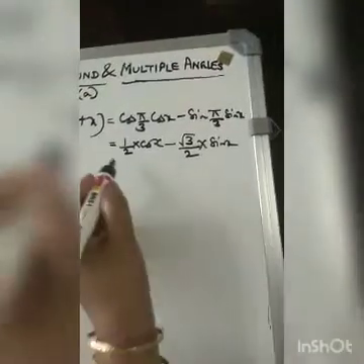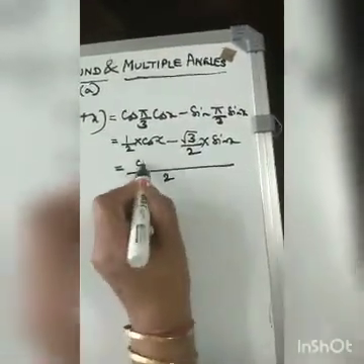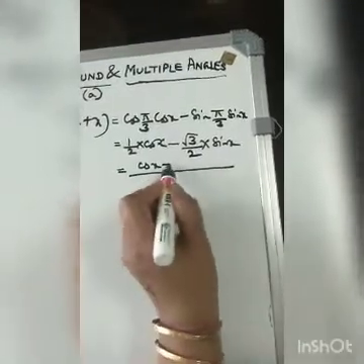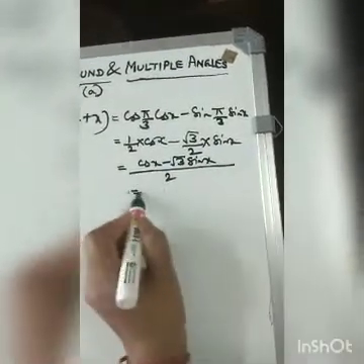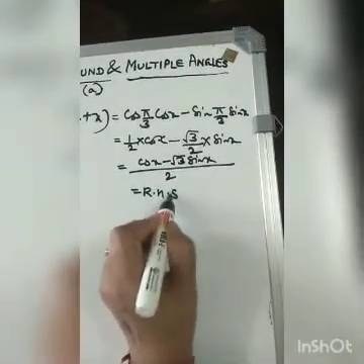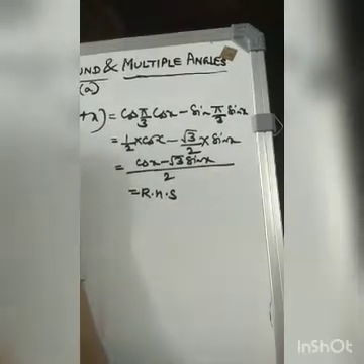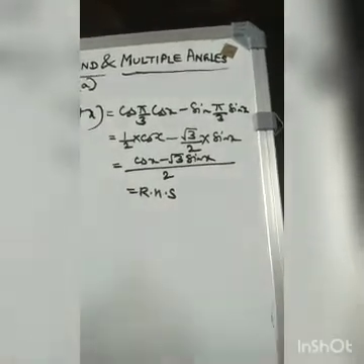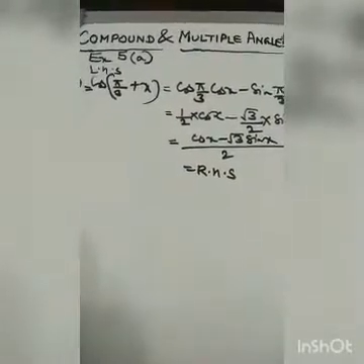Hence, if you simplify further, taking LCM, 2 is the LCM, (cos x minus root 3 sin x)/2 will be your RHS. Hence, we start with the left hand side and reach the right hand side. That is how you can proceed.